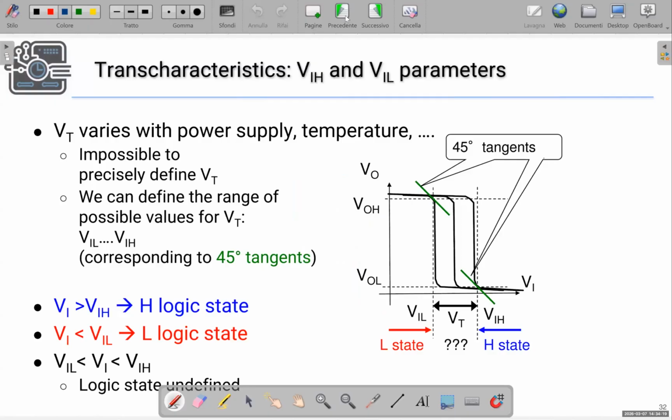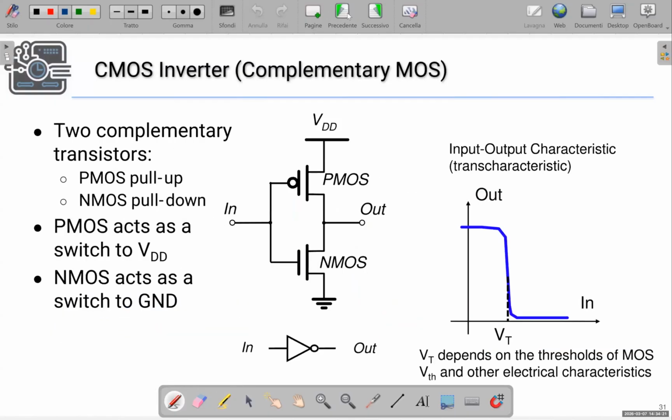Now let's describe in a little more detail the operation of this circuit, considering what happens when the input voltage sweeps continuously from 0 to VDD, not just what happens at V in equal to 0 and V in equal to VDD.